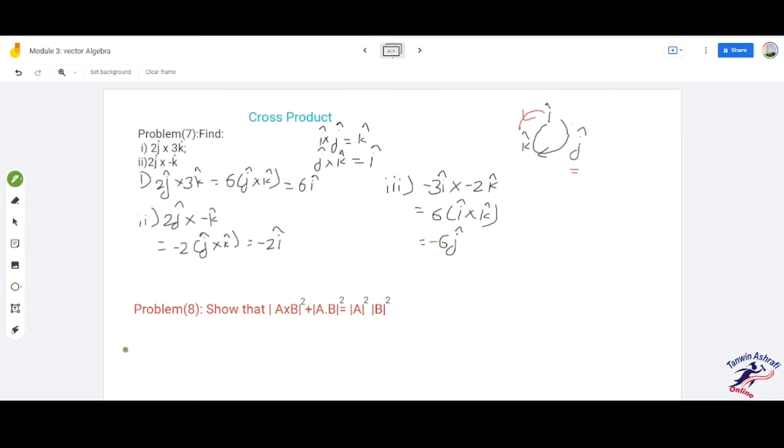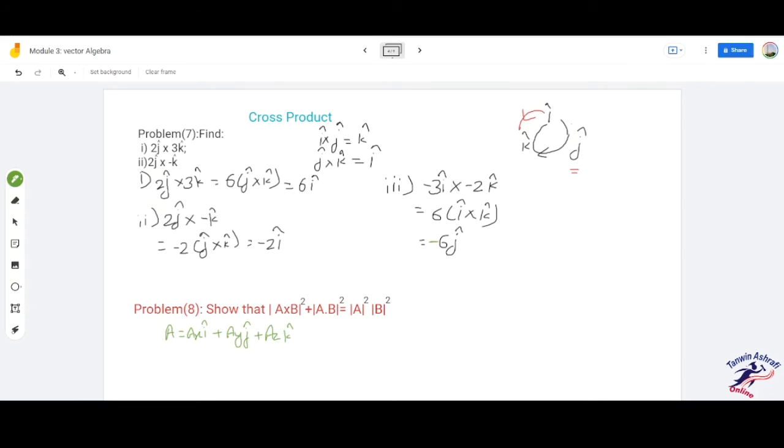Now you have to show in this problem that magnitude of A cross B squared plus A dot B squared is equal to magnitude of A squared times magnitude of B squared. I have not given you any components of A and B, so you can take the standard components: A is equal to AX i cap plus AY j cap plus AZ k cap.